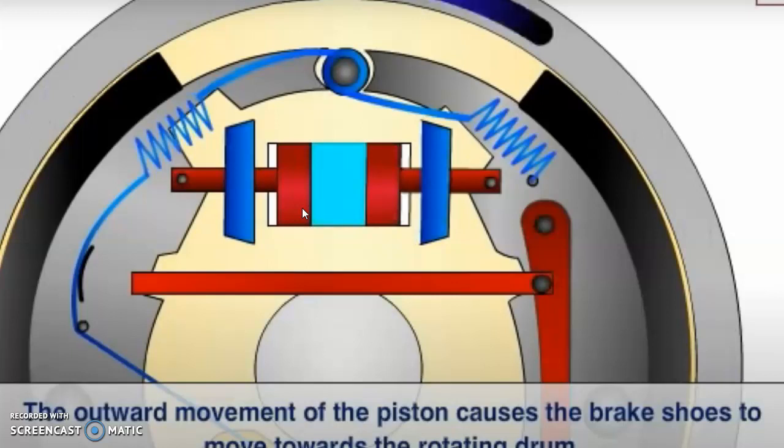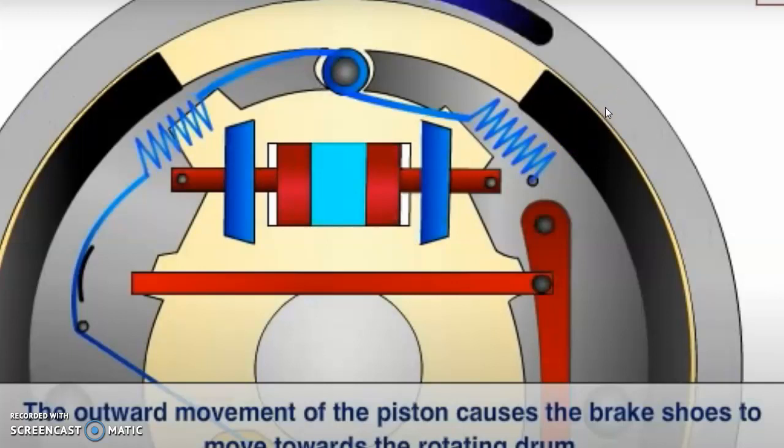As I already discussed in my previous video about the mechanical brakes, when these pistons move against each other, first they actuate the brake shoes, and when the brake shoes expand, the brake linings present on the outer surface of the brake shoes also expand and finally touch the drum.